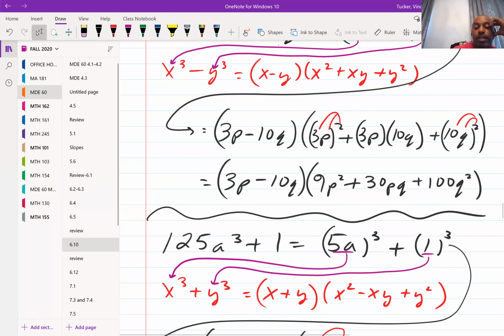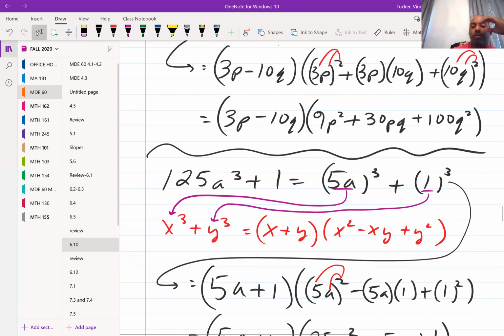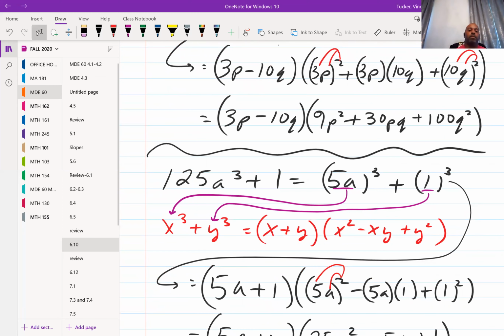So once you've established that, now we have the sum, the addition of two perfect cubes. 5a goes in for x, 1 goes in for y. So that's 5a plus 1, 5a squared minus 5a times 1 plus 1 squared.